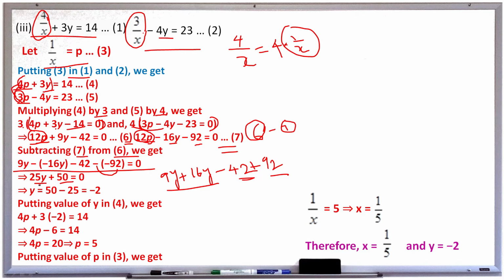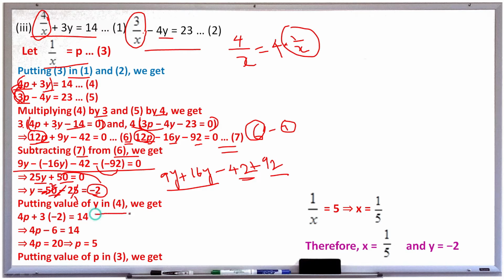So you bring the value y here, bring 50 to the right hand side, it will become minus 50, 25 you have to bring down, so divided by 25. Minus 50 divided by 25, 2 25s are 50, so minus 2 is the answer. The y value we got is minus 2.